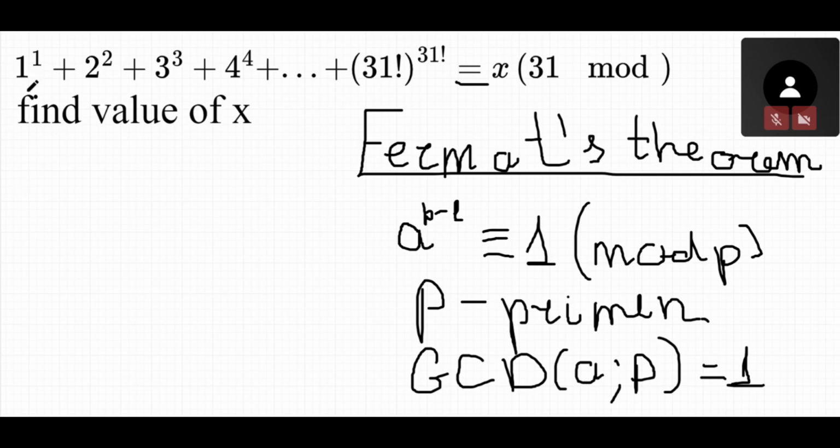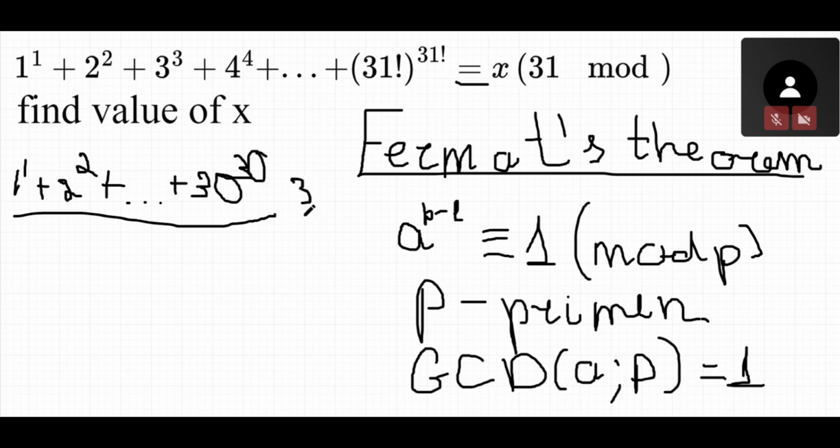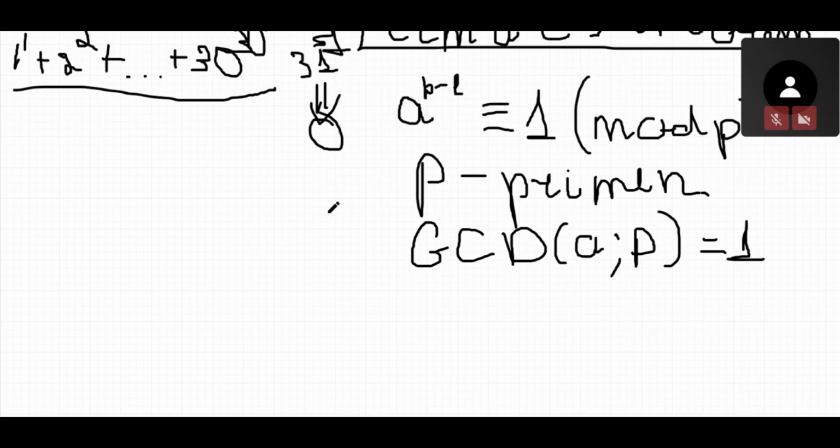We know the first group will go like this: 1 power of 1 plus 2 power of 2, and so on, plus 30 power of 30. Okay, it's our first group. We don't count 31 power of 31 because it's divisible by 31, and it will give us 0, which is not very valuable.